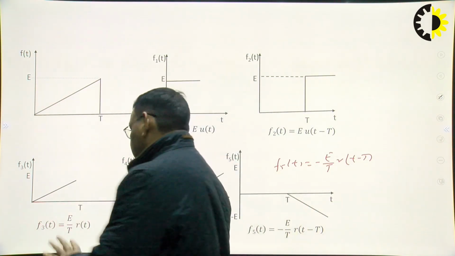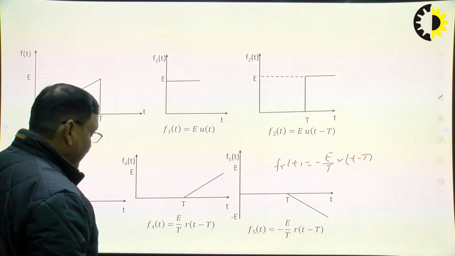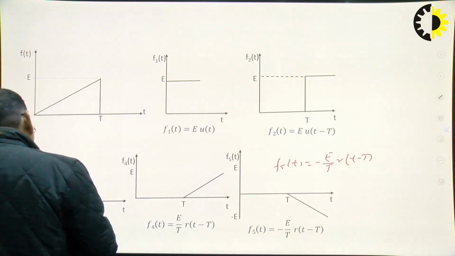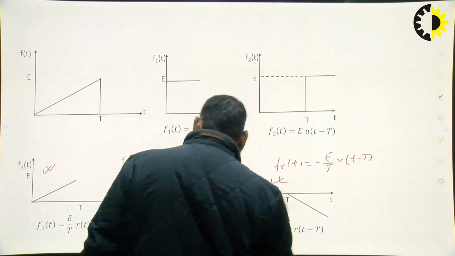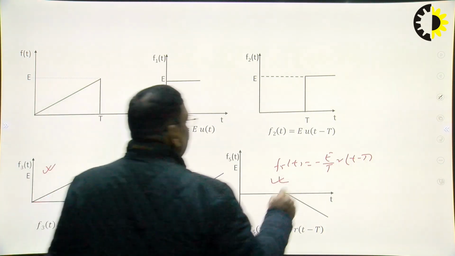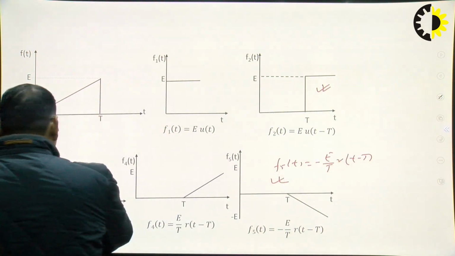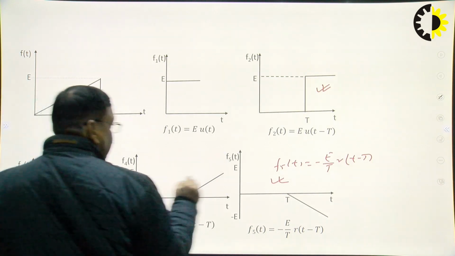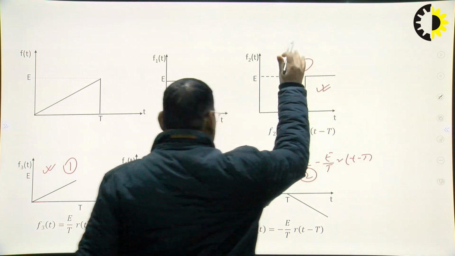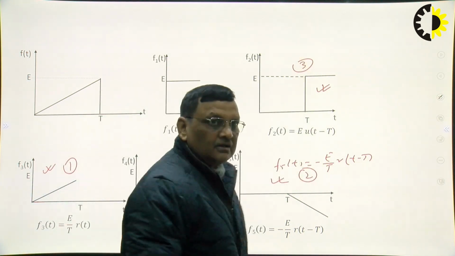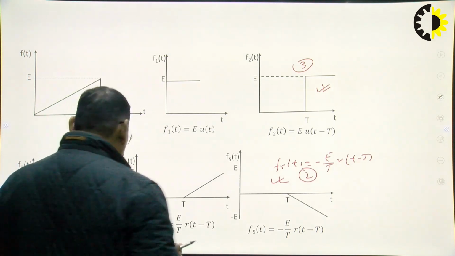We have to take this one ramp, then this one, so the slope becomes horizontal, and then this one. So using these three, this is 1, this is 2, and this is 3. Only with 3 waveforms we can construct this sawtooth waveform.